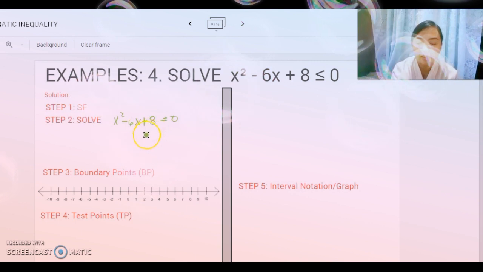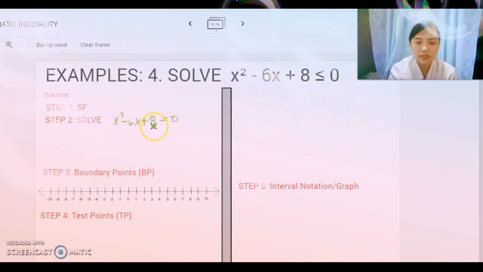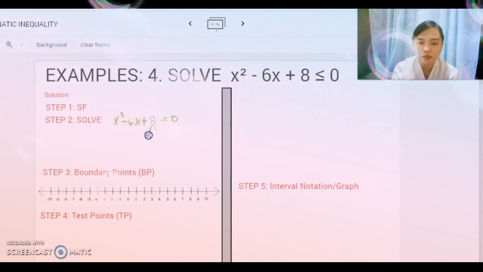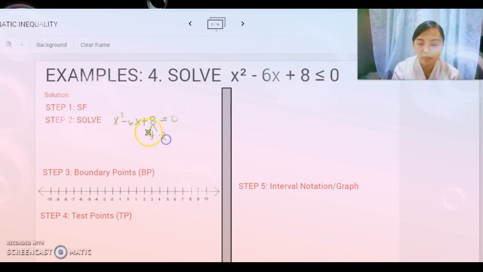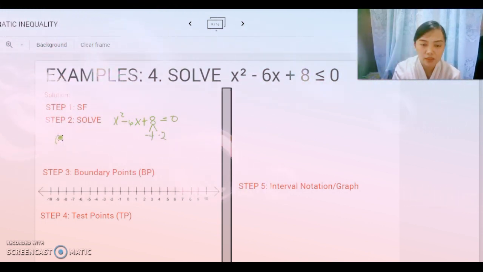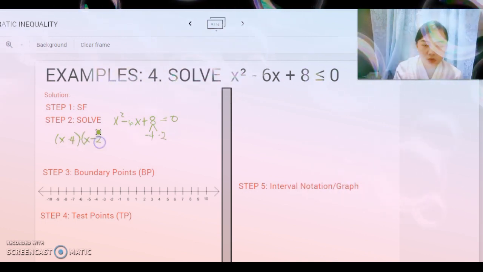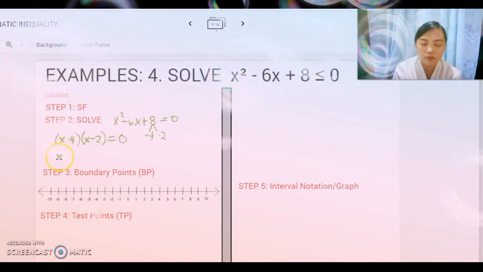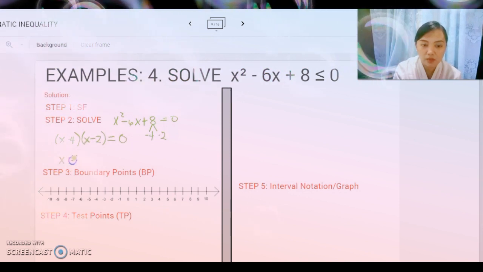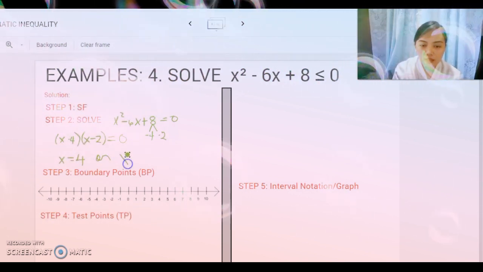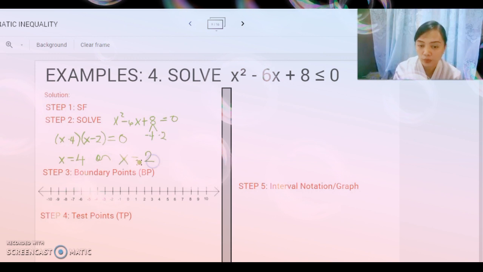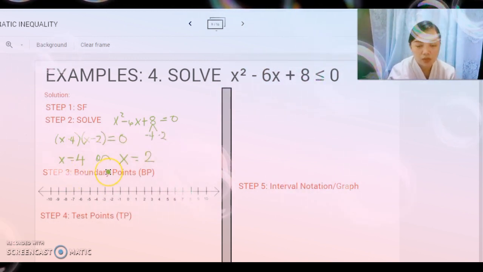What are the factors of 8 that if you will add it, you will have negative 6? So, we have negative 4 as well as negative 2. So, the factors of the quadratic equation is x minus 4 times x minus 2 is equal to 0. So if we solve for x, we have x is equal to positive 4 or x is equal to positive 2. So this is our boundaries.